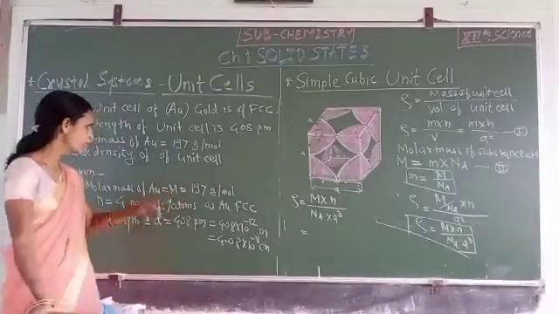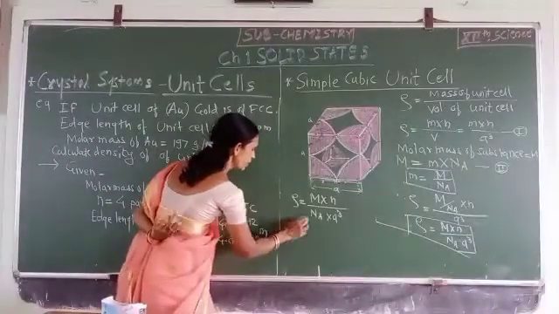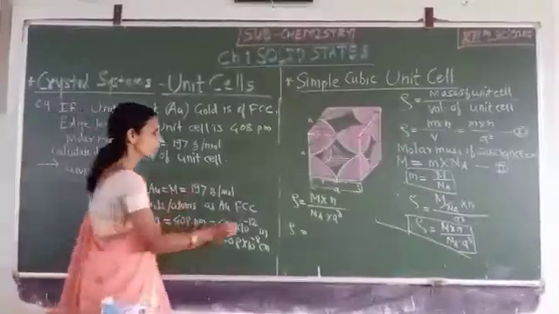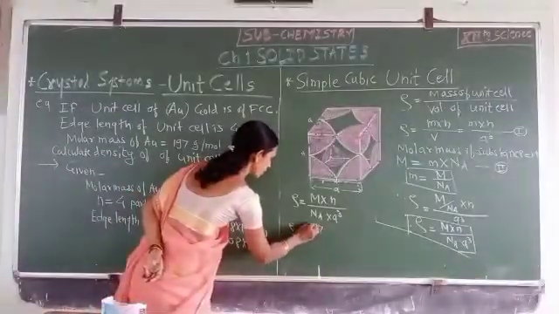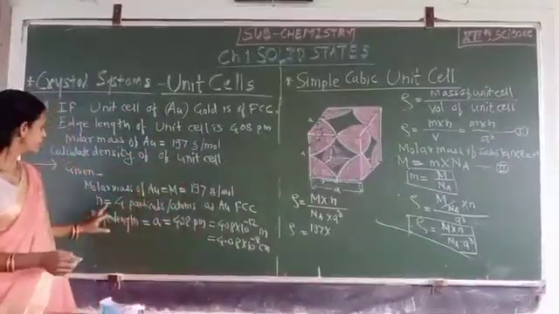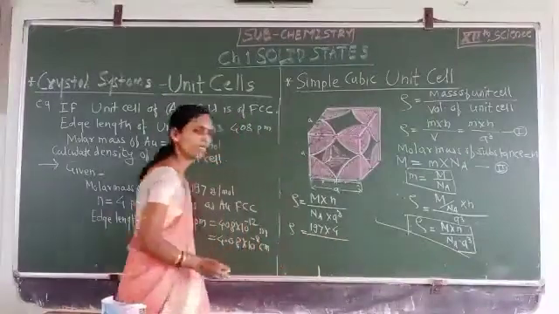Then rho, that is the density of the unit cell, is equal to capital M, that is 197, into n, that is 4, upon Na.